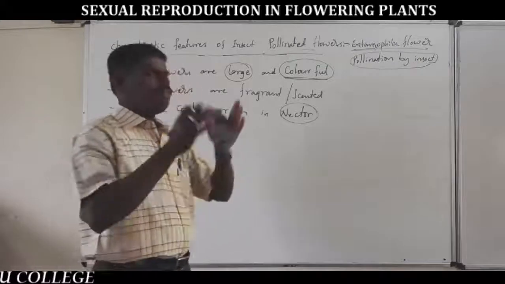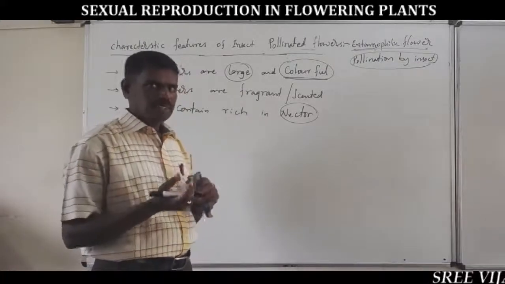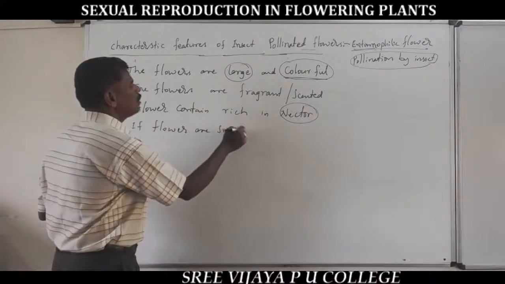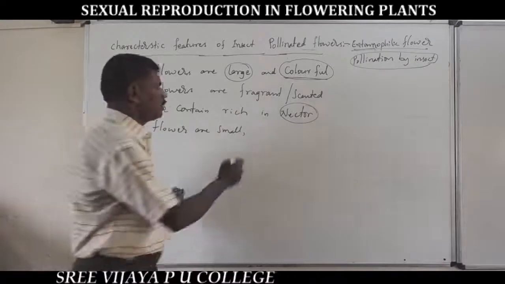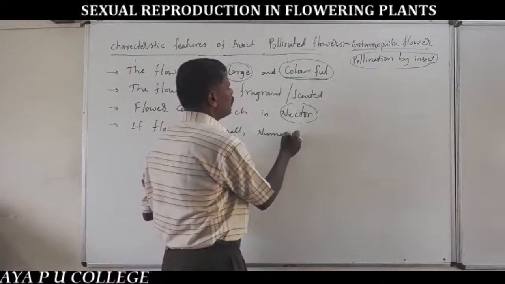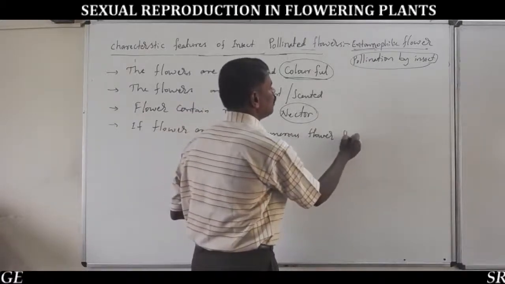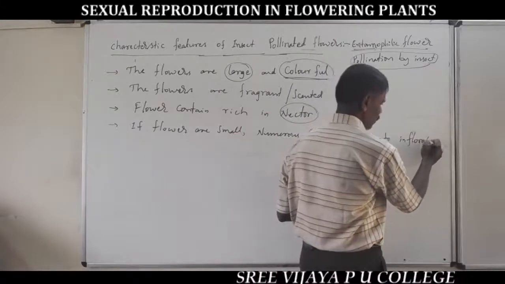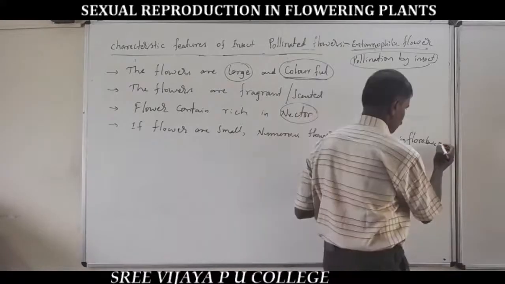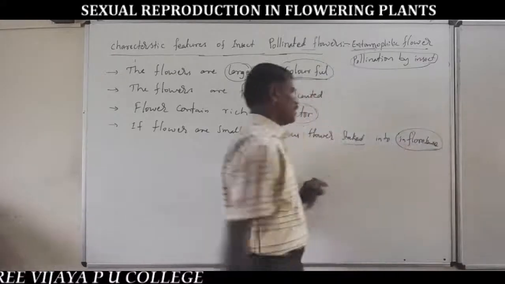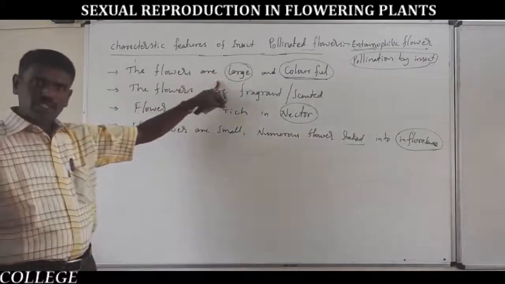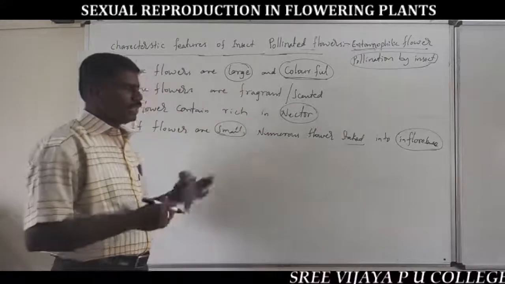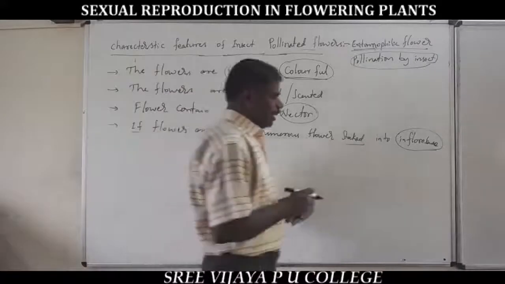Not all flowers are large. If the flowers are small, numerous flowers are stacked into an inflorescence. Commonly the flowers are large, but if the flowers are small, a number of flowers are combined together to form an inflorescence.